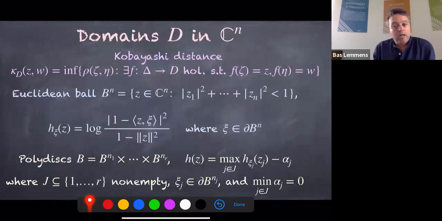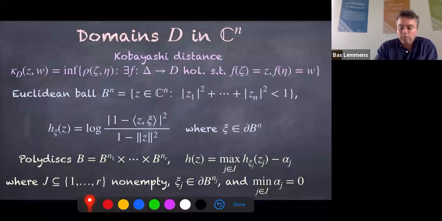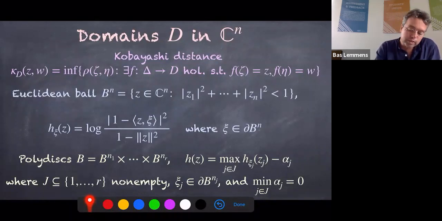In general, it's quite hard to compute the Horofunctions, or even to compute all Horofunctions and get an idea of the Horofunction boundary. However, in some nice metric spaces, one can do this. We've already seen several situations. For example, we can consider domains in C^n with the Kobayashi distance.